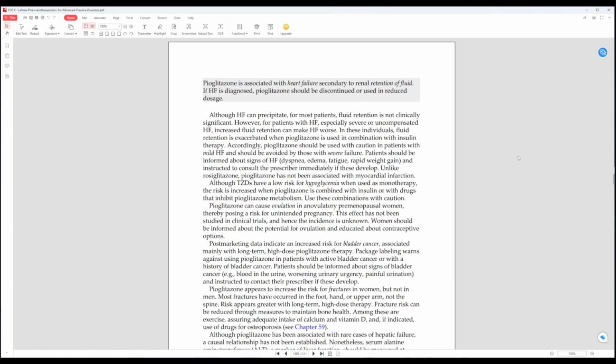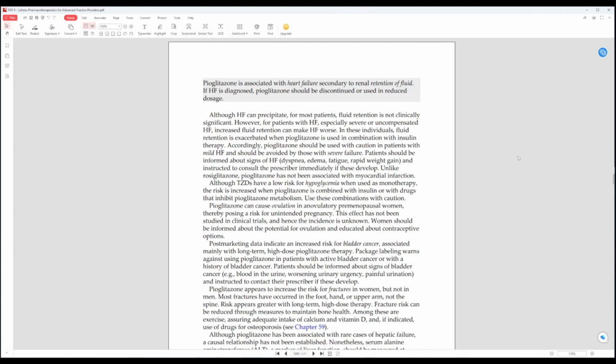Accordingly, pioglitazone should be used with caution in patients with mild heart failure and should be avoided by those with severe heart failure. Patients should be informed about signs of heart failure (dyspnea, edema, fatigue, rapid weight gain) and instructed to consult their prescriber immediately if these develop.